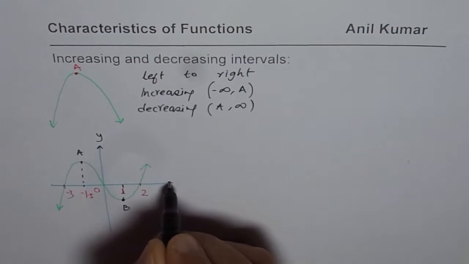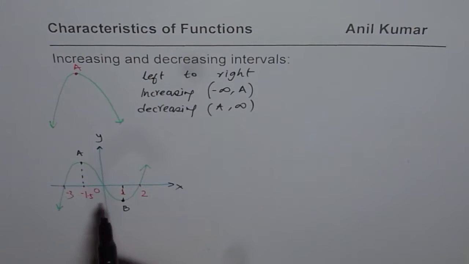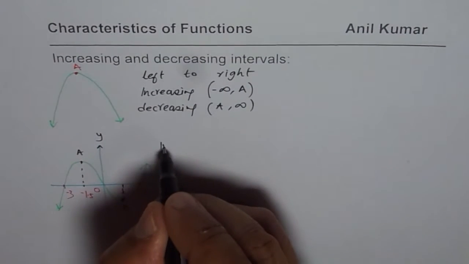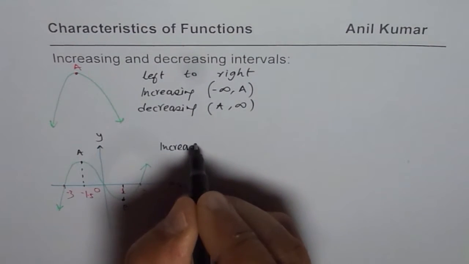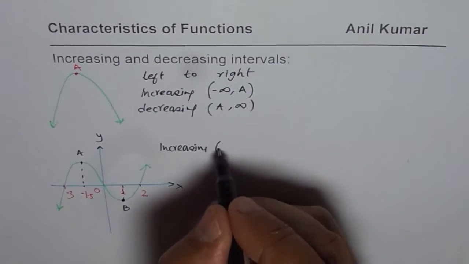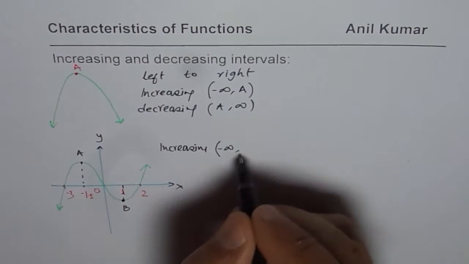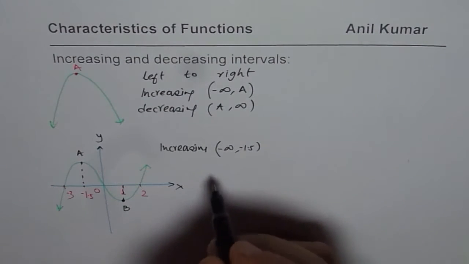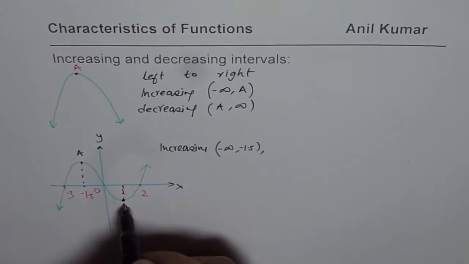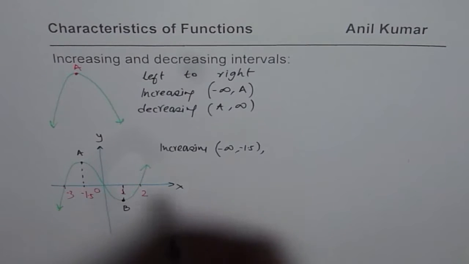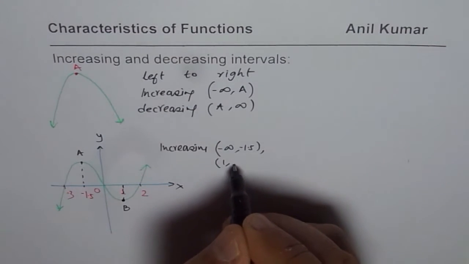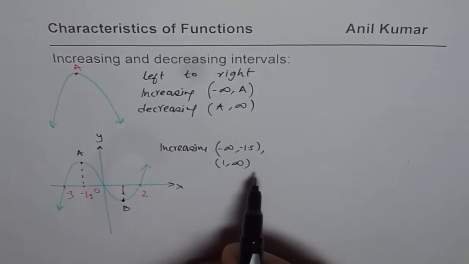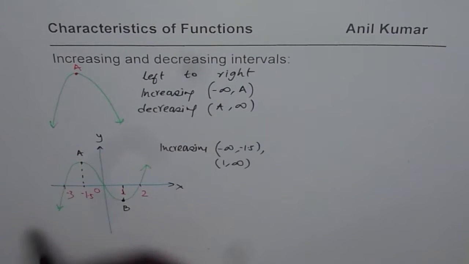So I'm writing y here and x here, so we can say that the function is increasing from minus infinity to minus 1.5, and it's also increasing from B to infinity, that is B is at 1, so we'll say 1 to infinity, right? So don't get confused between negative and positive portions.